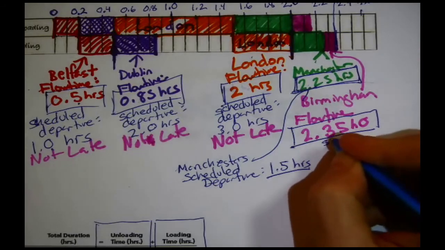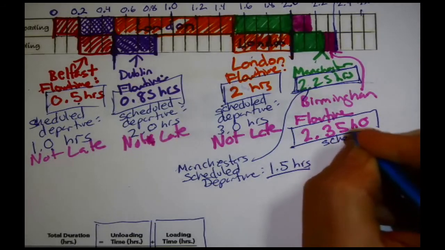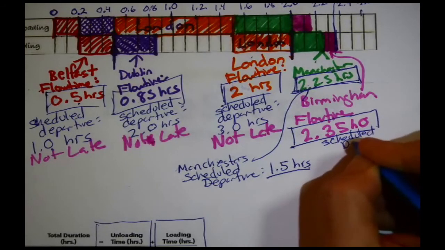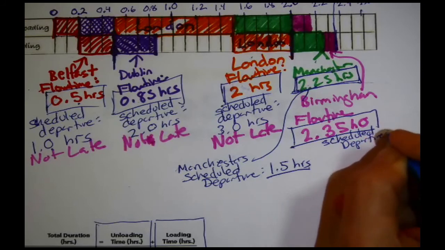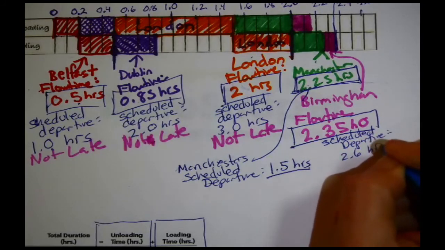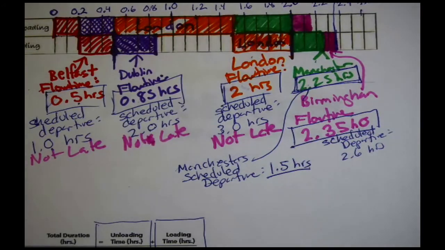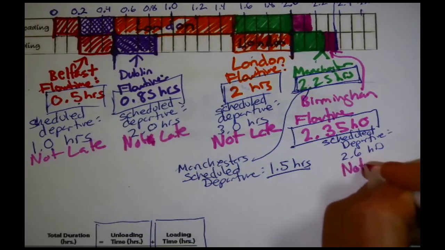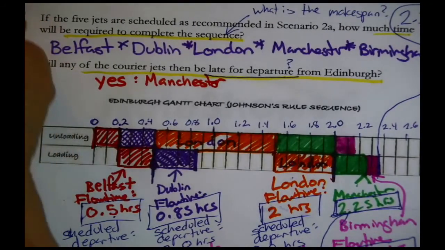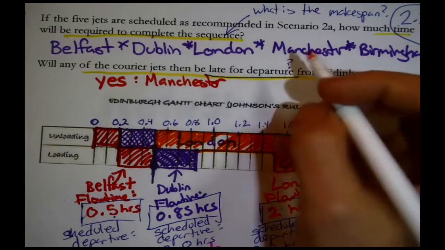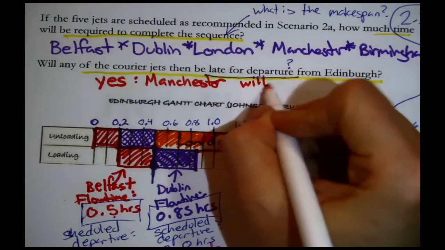Birmingham, the last one, the little one, scheduled departure from the original information, 2.6 hours out. It will be done in 2.35 hours. It's not late either.